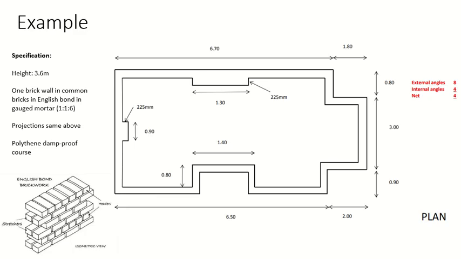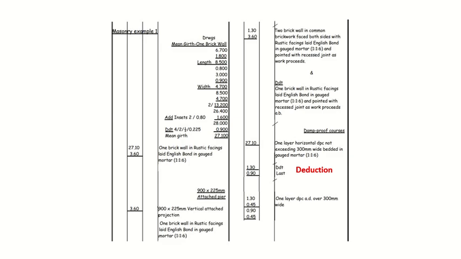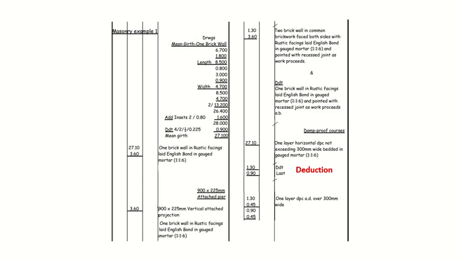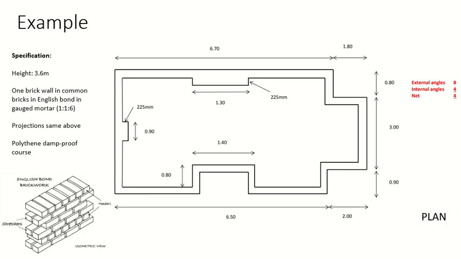Okay, so you will add this 0.8 and 0.8 from both sides. 6.7 plus 1.8, the dimensions from the top, this will become the length. Then you have 0.8, 0.3, 0.9 dimensions on the side.